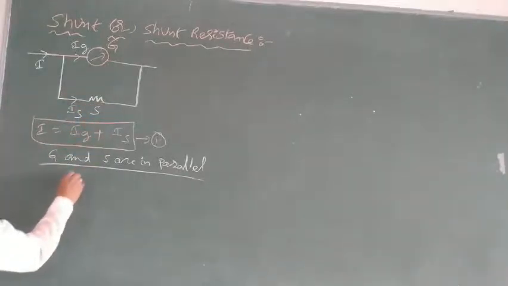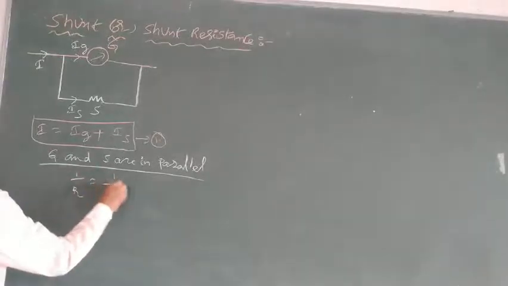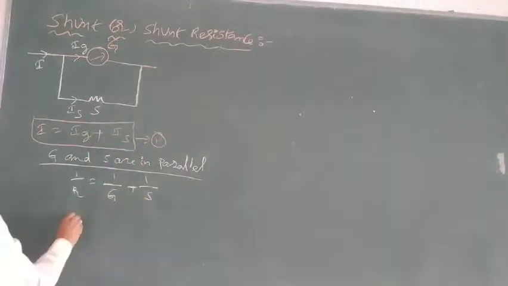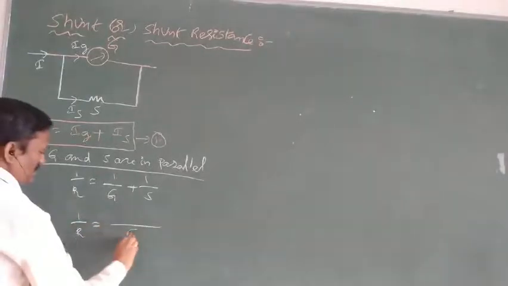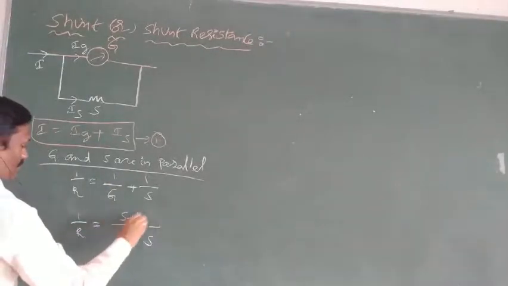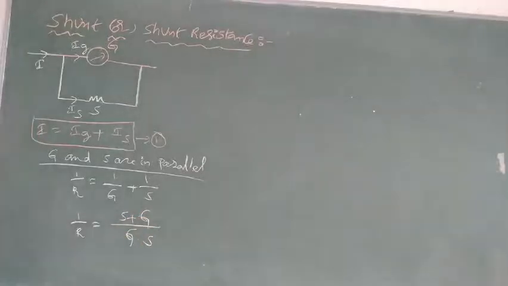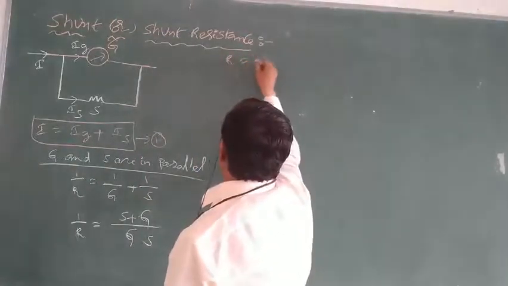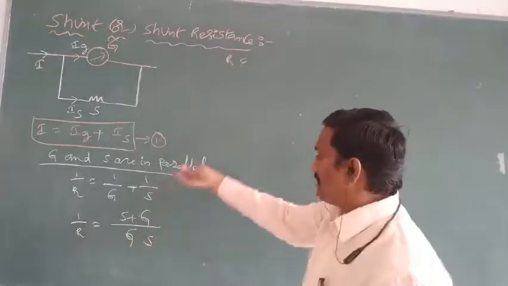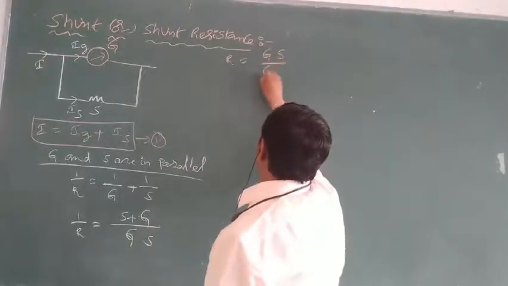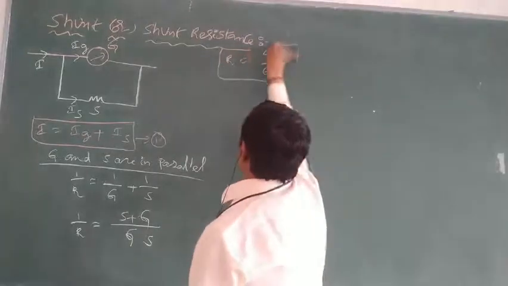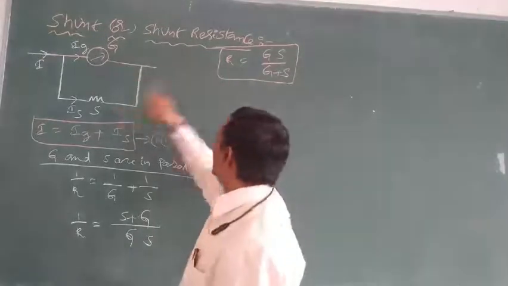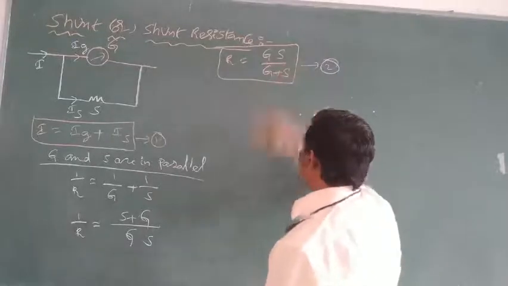We know in parallel combination the effective resistance is 1 by R equals 1 by G plus 1 by S. Or 1 by R is equal to, taking the LCM GS, S plus G by GS. That is the value of 1 by R, but you have to find the effective resistance R, or total resistance R. R is nothing but GS by G plus S. When two resistors are joined in parallel, effective resistance is R1 R2 by R1 plus R2, that is G into S by G plus S. Assume it is equation 2.